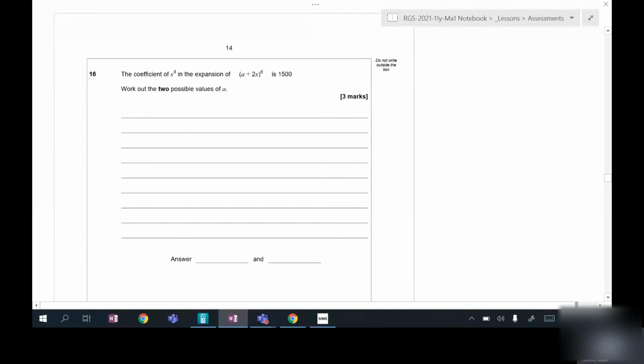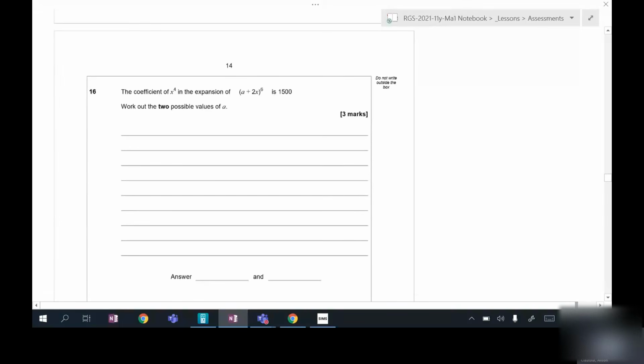Question 16 is a question on binomial expansion. So we're looking at the coefficient of x to the power 4 in the expansion of something to the power of 6. If I just draw out Pascal's triangle. Okay, I can stop.